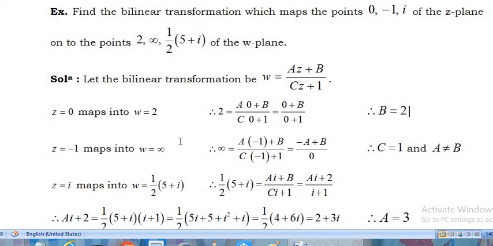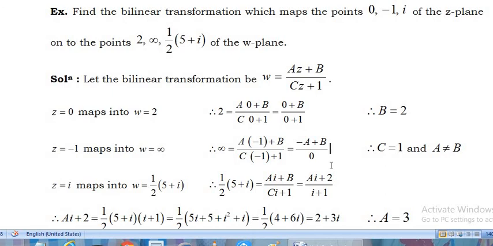Second bit of information, z equal to minus 1 maps into w equal to infinity. Therefore, infinity equal to (A times minus 1 plus B) upon (C times minus 1 plus 1), that is equal to (minus A plus B) divided by what?